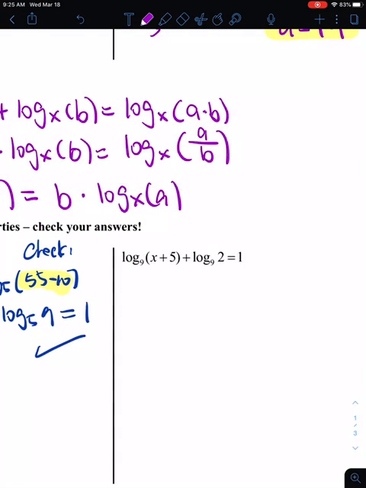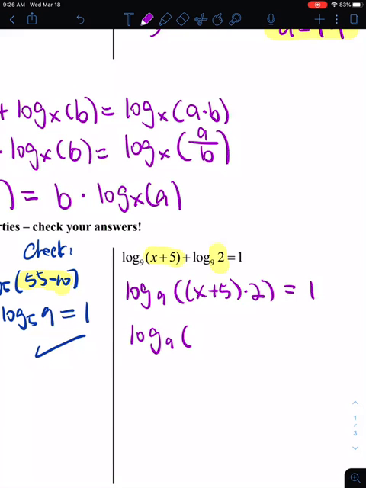So kind of moving on, very similar over here, except we have a plus. So then instead of the quotient rule, we're going to use the product rule. So then what we can do is we can actually multiply those two guys. So x plus 5 times 2 equals 1. And then let's actually go ahead and distribute the inside. Distribute over here.